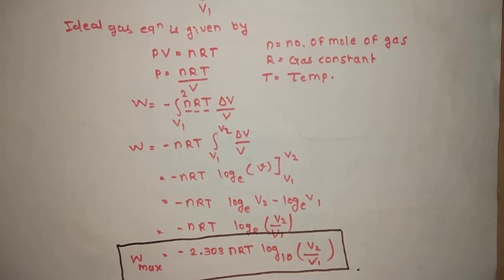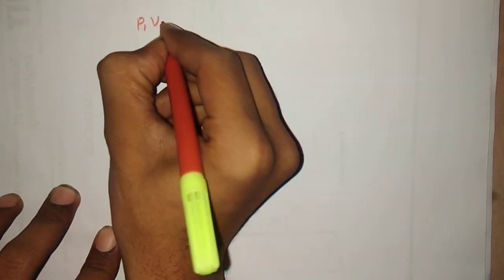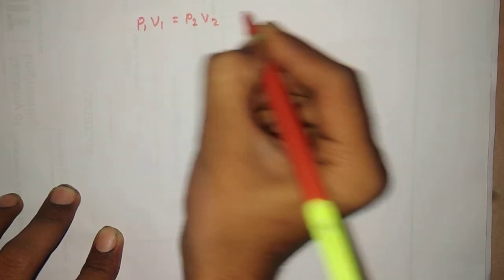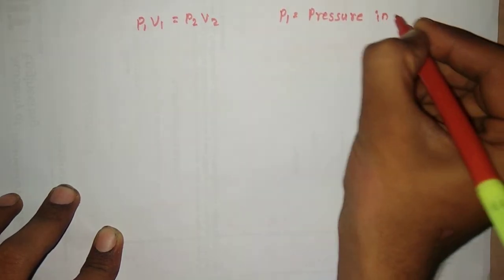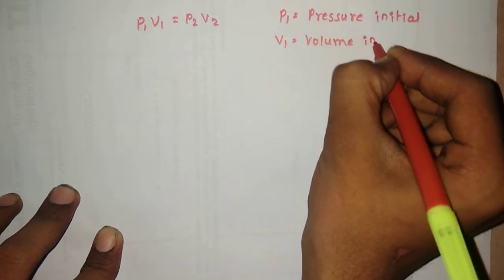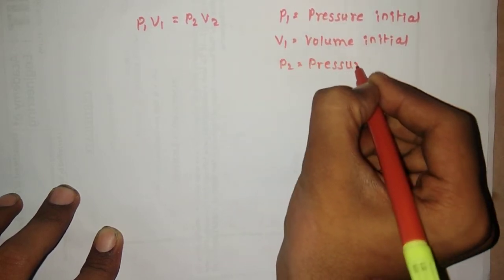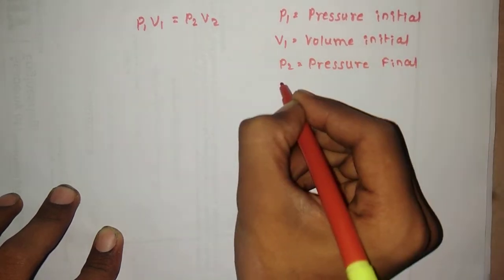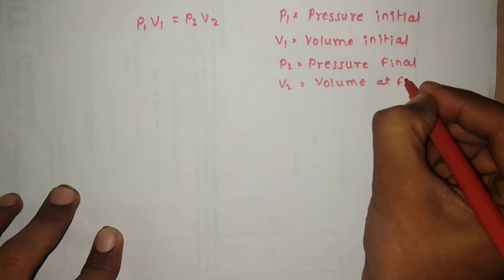Now we know that the relation between V1, V2 and P1, P2 is given by Boyle's law, P1 V1 equals P2 V2, where P1 is the pressure at the initial stage, V1 is the volume at the initial stage, P2 is the pressure at the final stage, and V2 is the volume at the final stage.